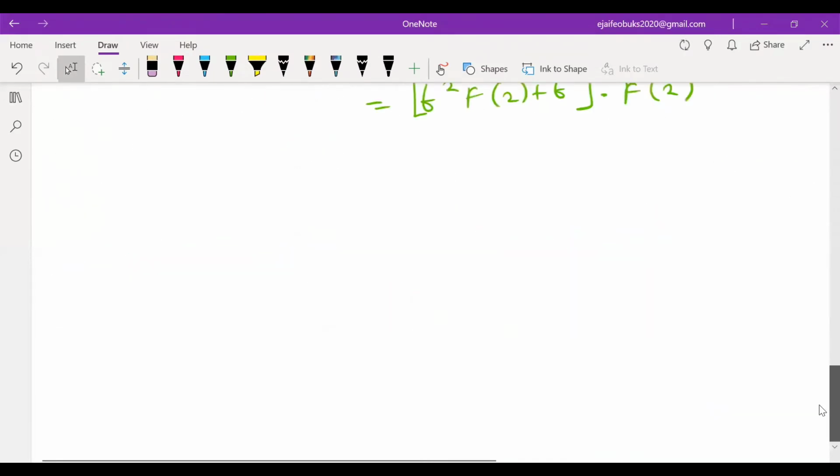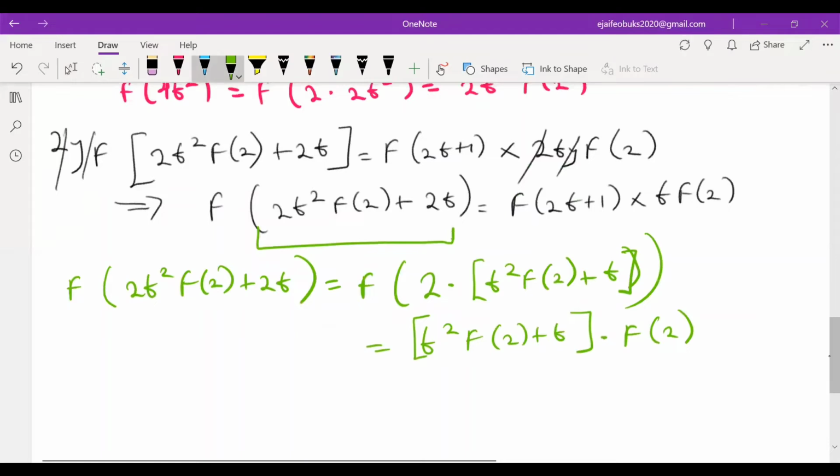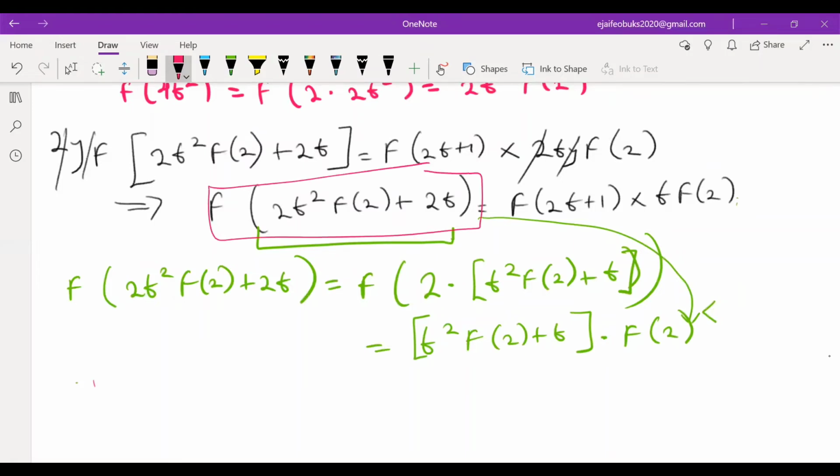So I come back here and substitute this. Rather, let me use this. This one is equal to this. The ones in green are equal. So in place of all this, I'll be writing the one in green.